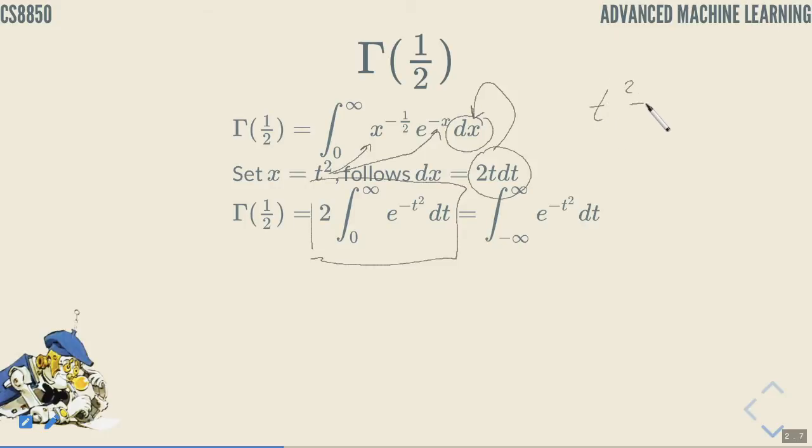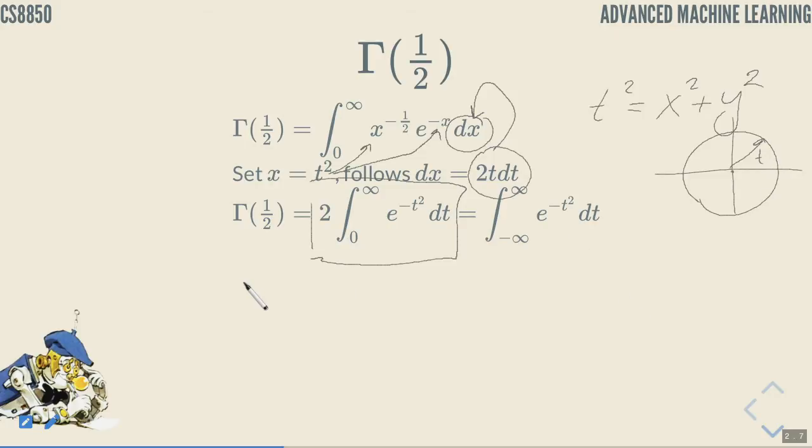t squared can be expressed as a circle, and this gives us a circle, right? A constant radius from the center, which is t.